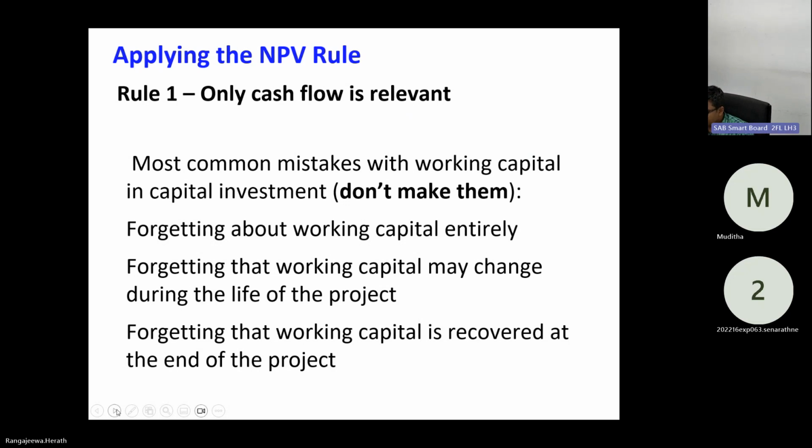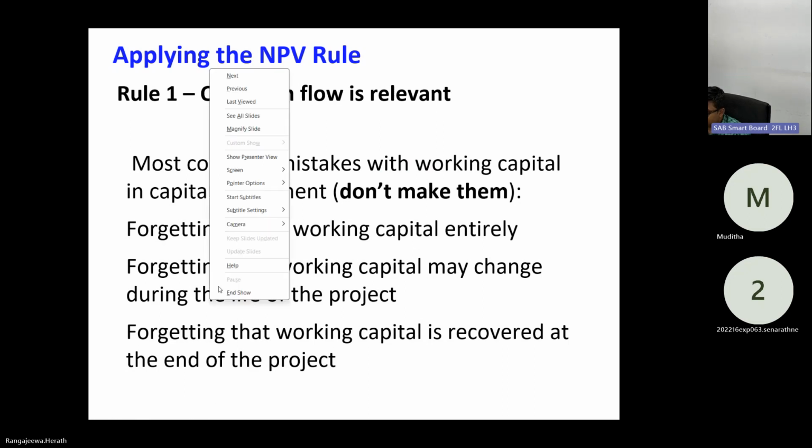The most common mistake with working capital is that people ignore it. Forgetting working capital entirely. Working capital එක සම්පූර්ණයෙන් අමතක වෙන්න පුළුවන්. ඊළඟට forgetting working capital that may change during the life of the project.